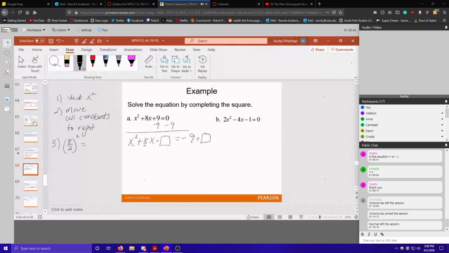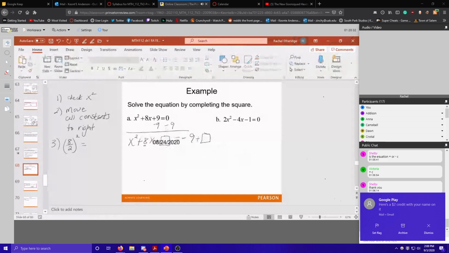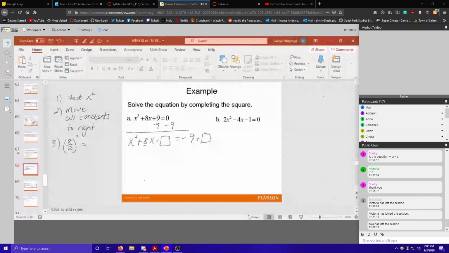That's what that means in that step where it says b over 2 squared. B is the term that's next to x. Okay, so 8 over 2 is 4, squared is 16. So I'm adding 16 to both sides.